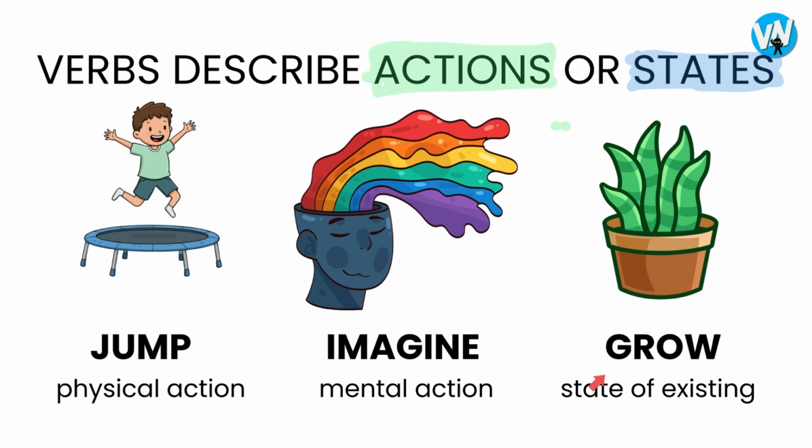And then things like growing, so this state of existing, or that someone was or had been. So we've got this very straightforward process of physical actions, mental actions, and the one that sometimes trips us up, states of existing. So just being. So let's take a look at some examples.